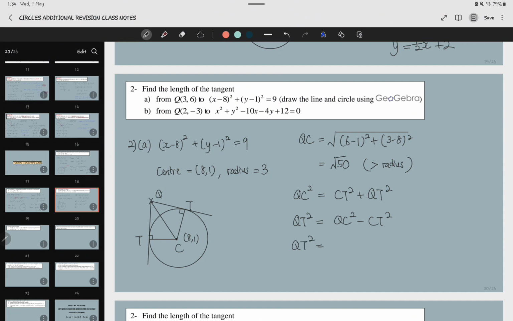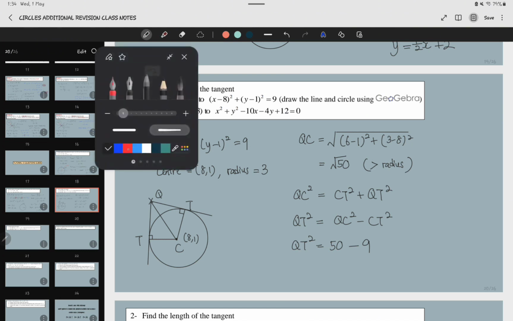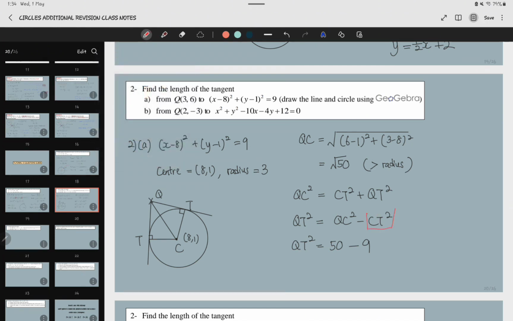QC squared, do we have? Yes, it's 50. Why not root 50? Because it is squared; the square of root 50 gives you 50. What about CT squared? CT squared would be 9, because CT is your radius.